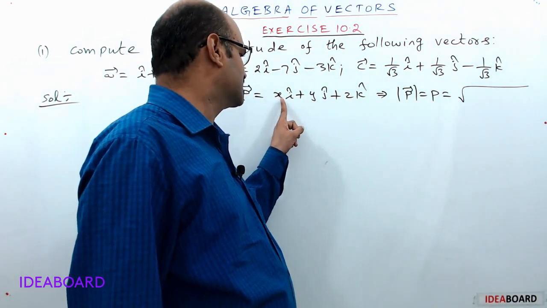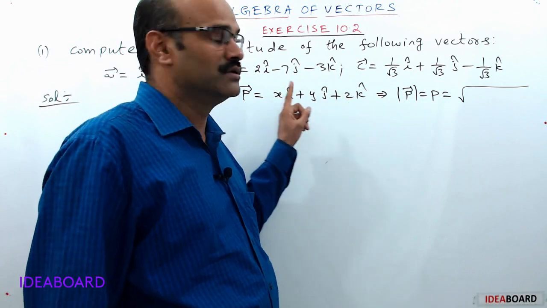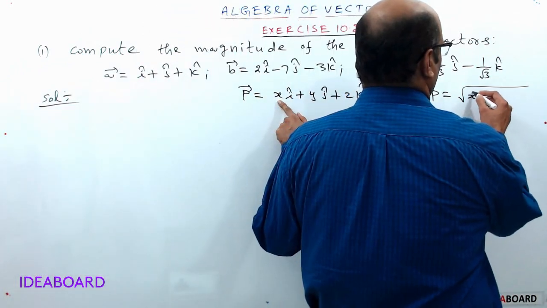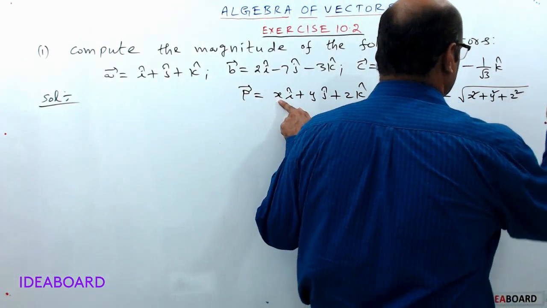We have to take the squares of them and then add. So equal to x square plus y square plus z square.